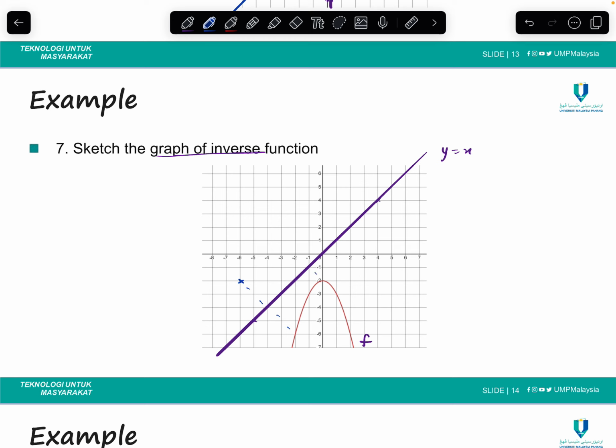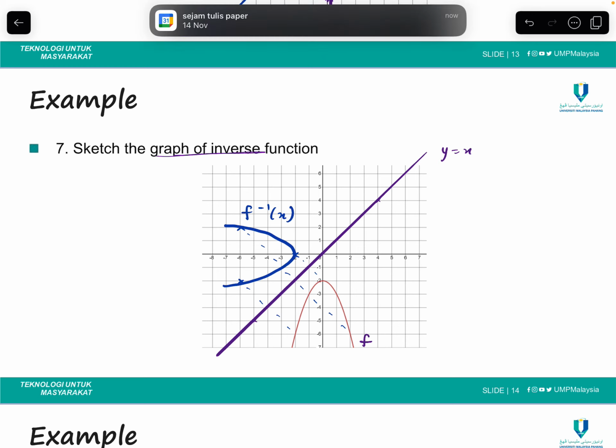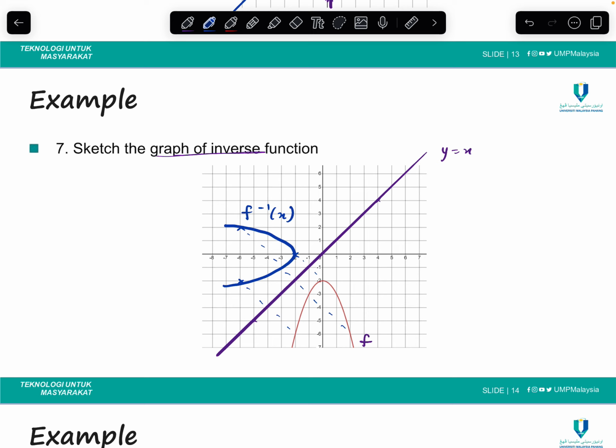For example, I took some points here to help us. Okay, so based on these 3 points, now I can draw the curve, which is quadratic, like this. So now this is the f inverse function, which is reflected about y equal to x.